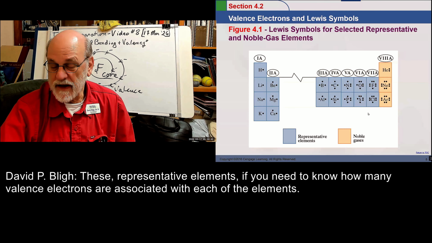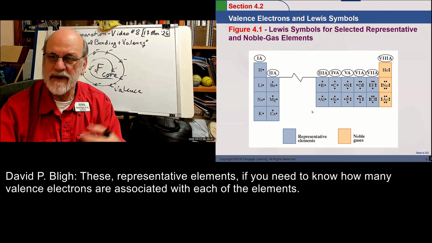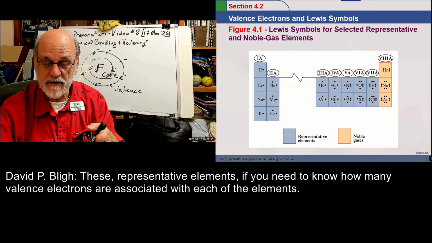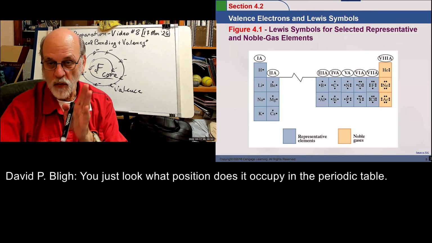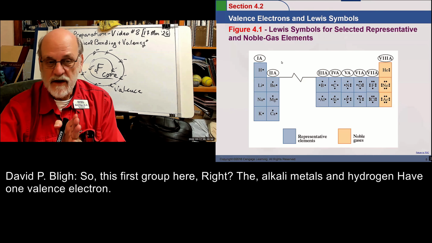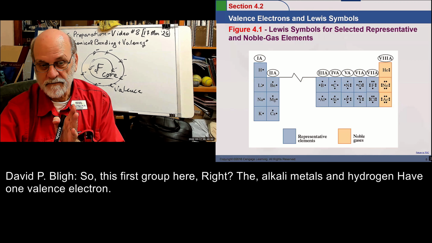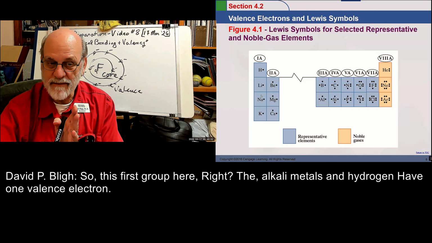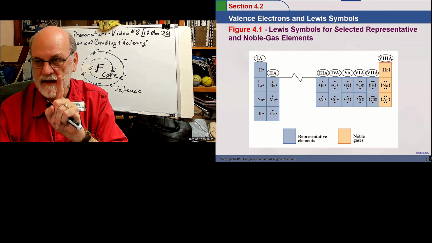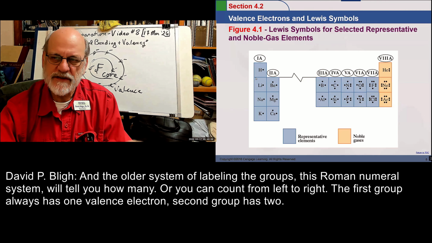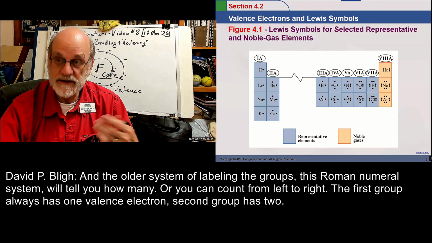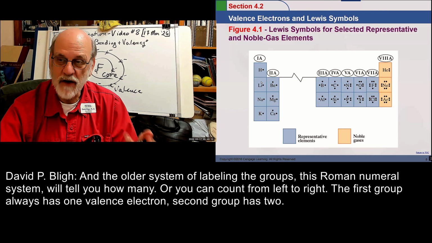These representative elements, if you need to know how many valence electrons are associated with each of the elements, you just look at what position it occupies in the periodic table. So this first group here, the alkaline metals and hydrogen, have 1 valence electron. And the older system of labeling the groups, this Roman numeral system, will tell you how many, or you can count from left to right.